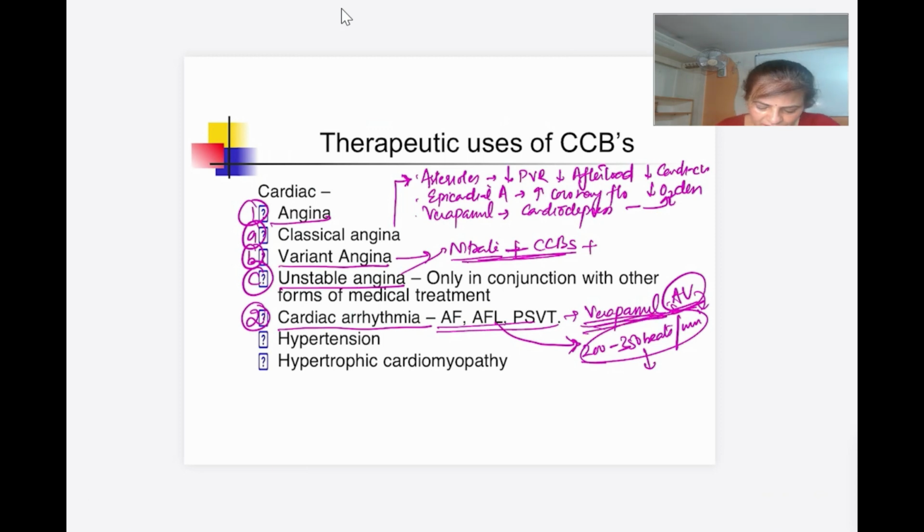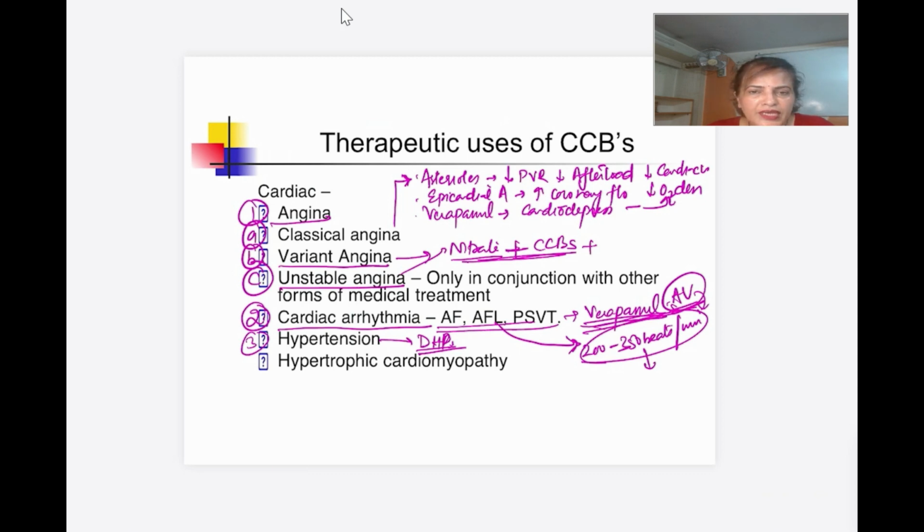Okay. Then for hypertension, we are using dihydropyridines. They are preferred. Dihydropyridines are going to act mainly on the smooth muscle. They have affinity for the smooth muscle and are going to cause relaxation.